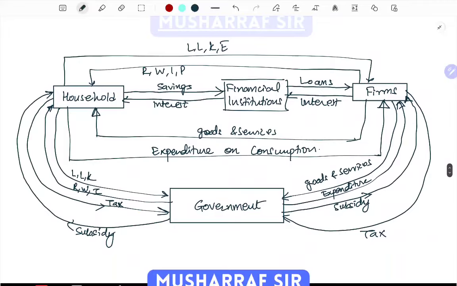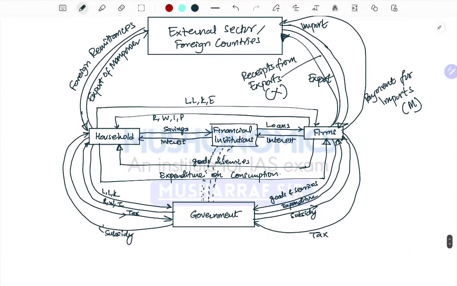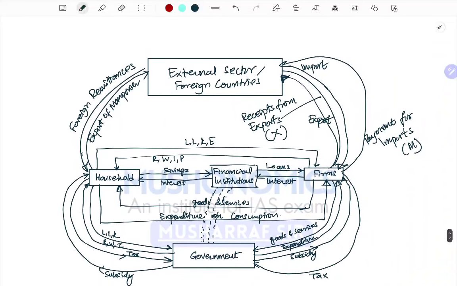Then we introduced the government sector, and finally we made this diagram with the external sector also. Now financial institution can have a relation with the external sector, and government can also have a relation with the external sector, right? But this is the major thing that we wanted to understand. I hope you understood this concept very well.